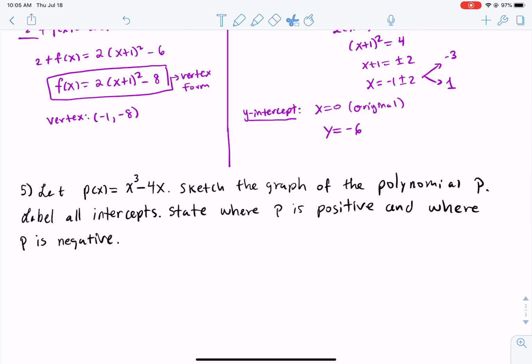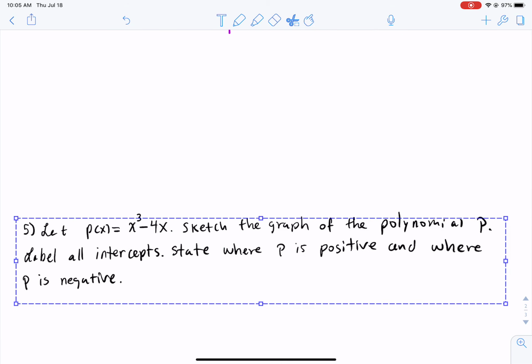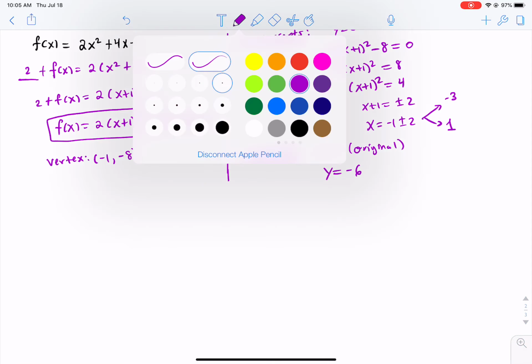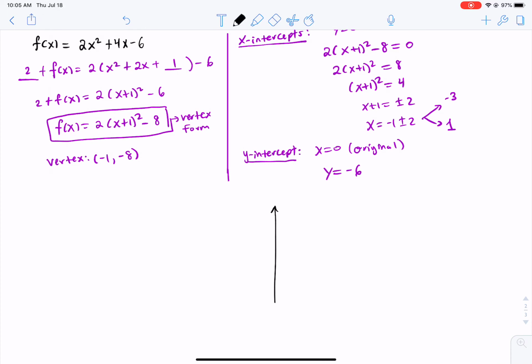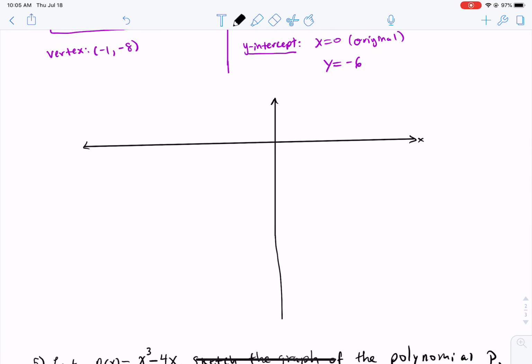Let me do it here. Imagine that we have the y-axis here, and we have the x-axis here, and maybe continue this a little bit more.